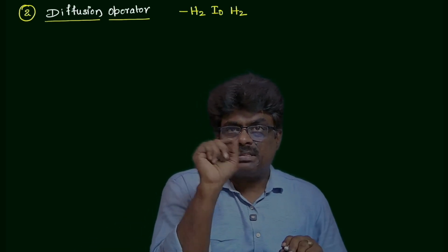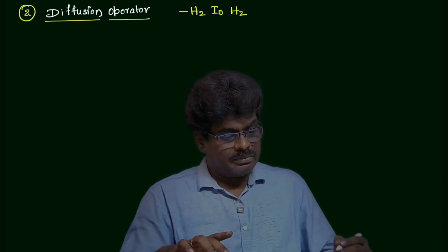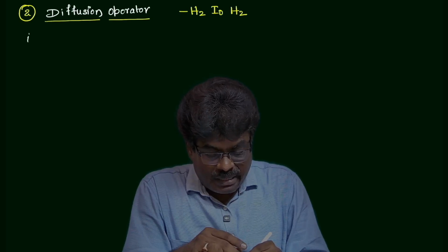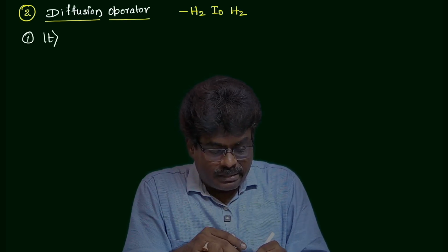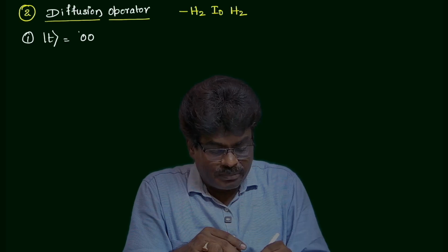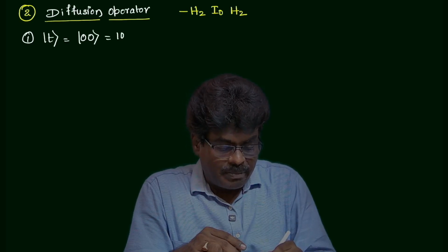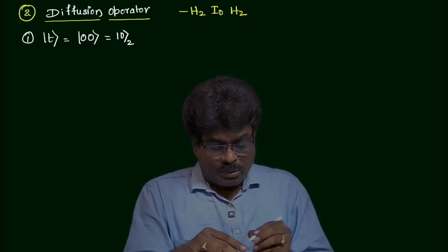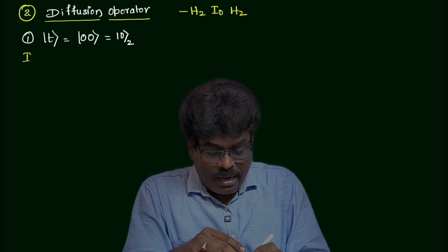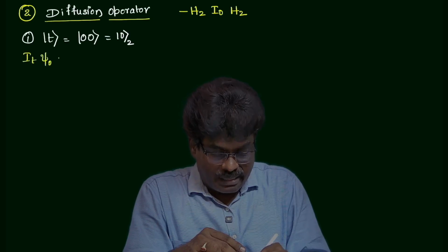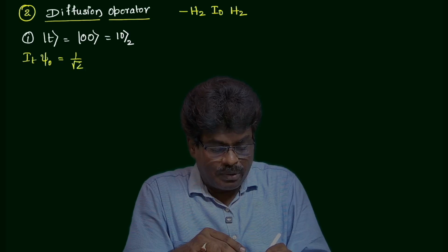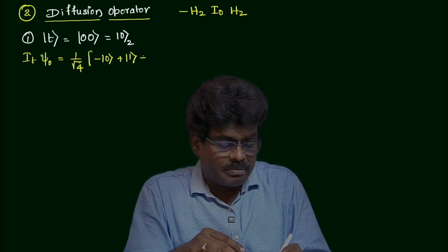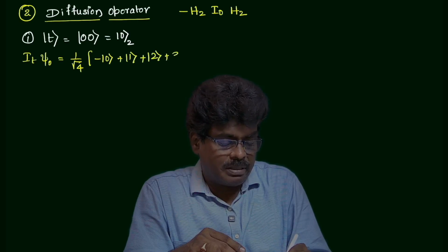So let us apply this diffusion operator to these target states one by one. First I am taking the target state as 0 0. Okay, so let it be 0 in decimal state notation. So if this is the target state, when the oracle operates on psi naught, you will get 1 over root 4 minus 0 plus 1 plus 2 and plus 3.